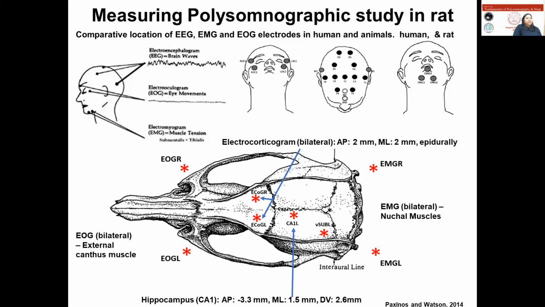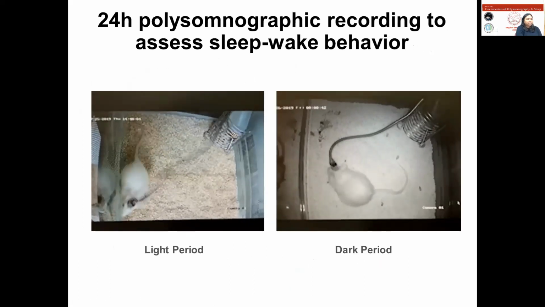For cortical EEG, we implant 2 electrodes in the frontal cortex. We also have a depth electrode in the hippocampus, and bilateral EMG electrodes and EOG electrodes.